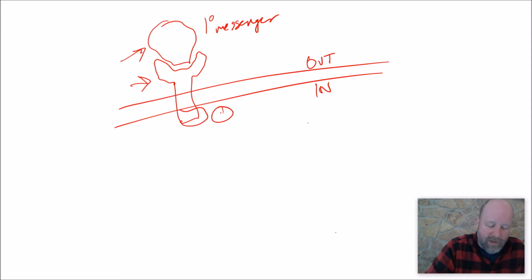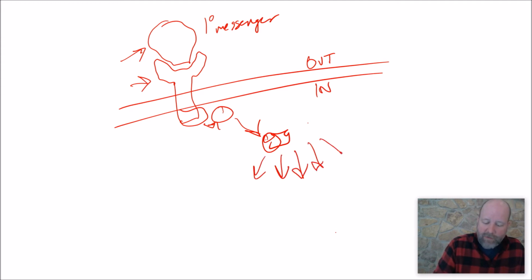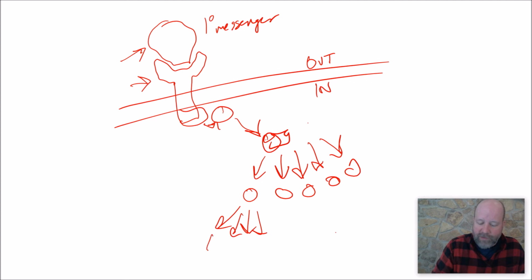It kicks off some other protein, makes it active. And so it goes and does something and makes some other protein active. And maybe that guy activates 20 or 30 other proteins that then each go and activate 20 or 30 other proteins, right? And you get this amplification.